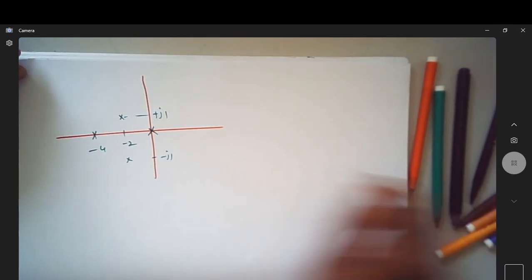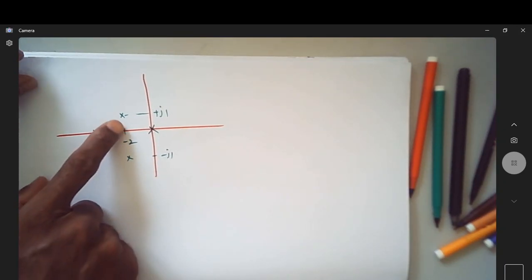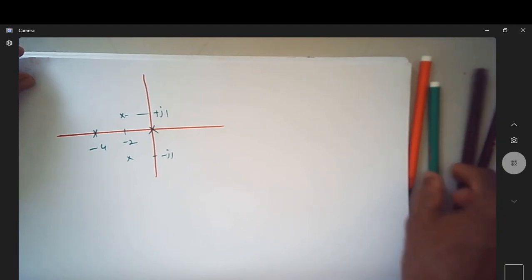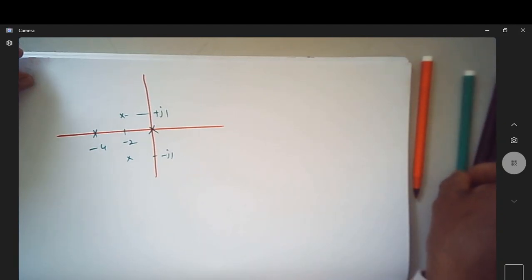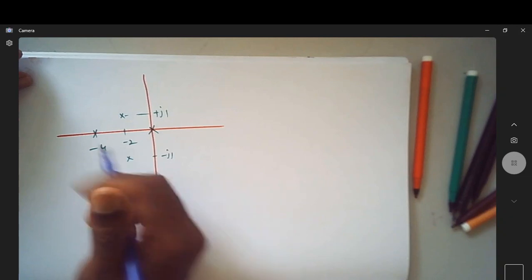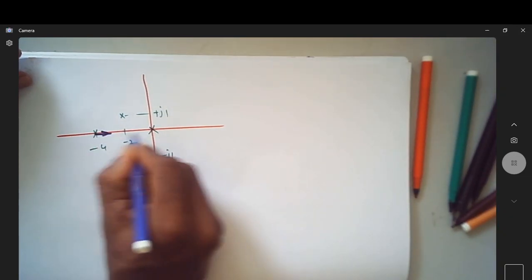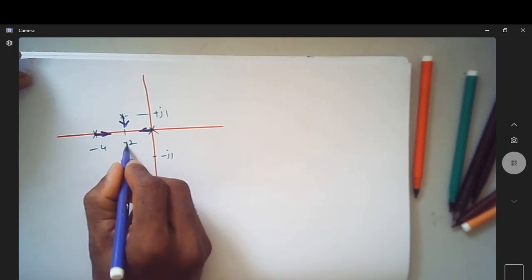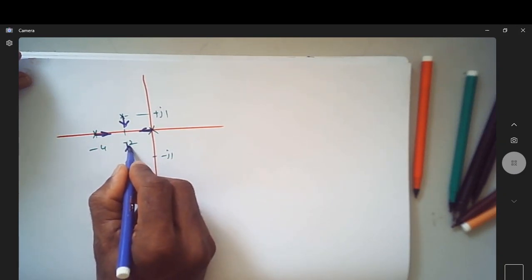Of course, the angle of departure, if you find out, is -90 degree and plus 90 degree. So this will go like this, this will go like this, and this is coming down here, this is going up here.